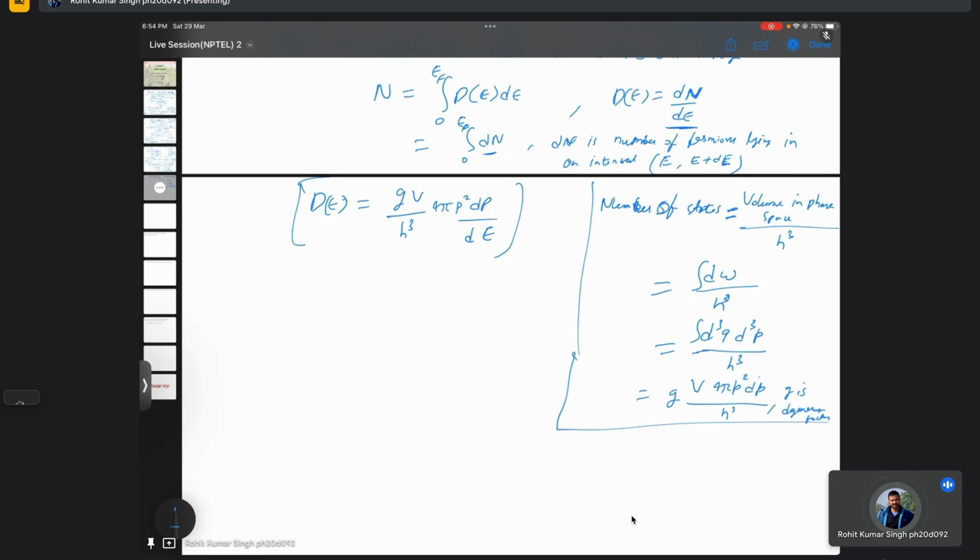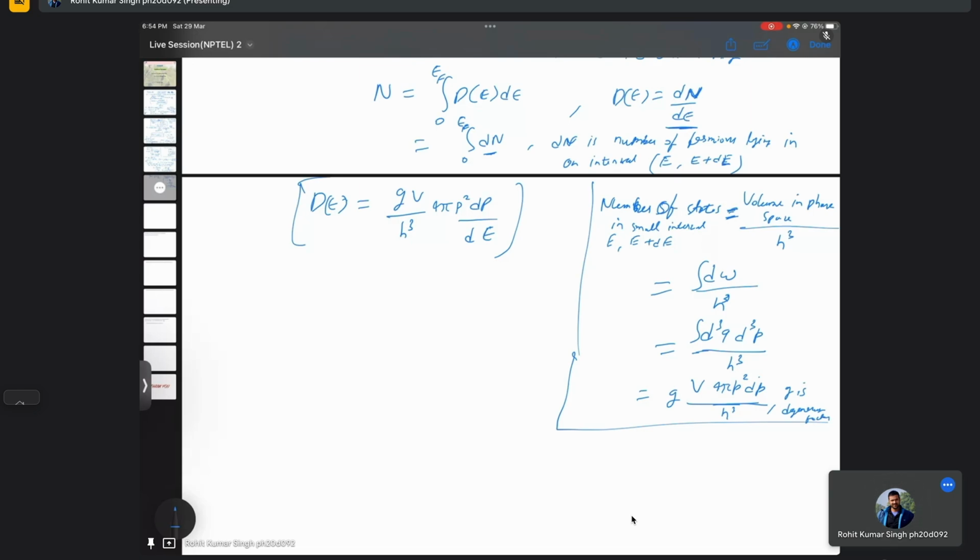So yeah, you have noticed that we did not integrate over the momentum space, because we are calculating the number of states in a small interval E plus dE, right?